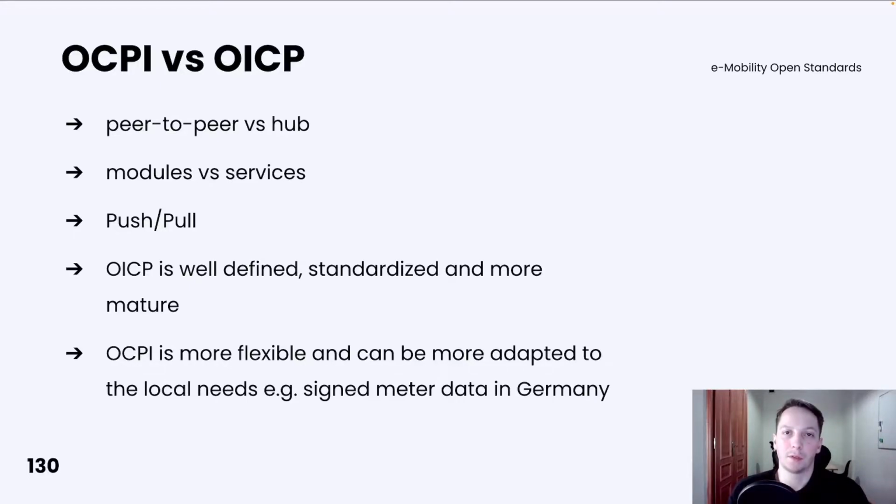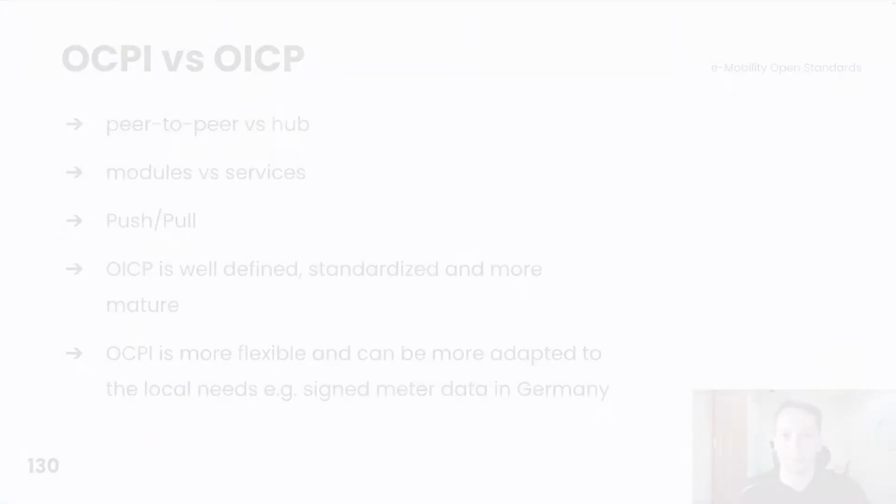In the case of OCPI, you can start implementation almost immediately and test it against any other company's solution. With OICP, however, you can start to build a model and write some implementation, but in order to fully test integration, you need your own QA environment and access to the Hubject platform.